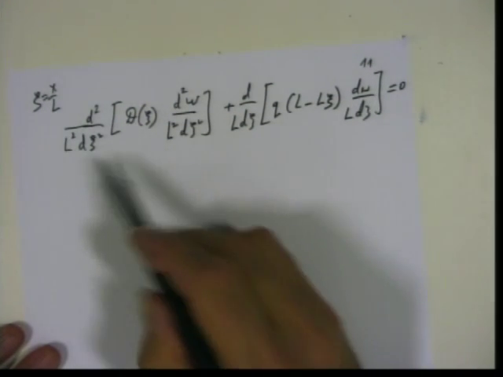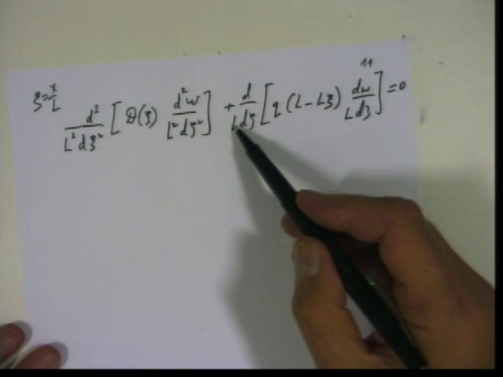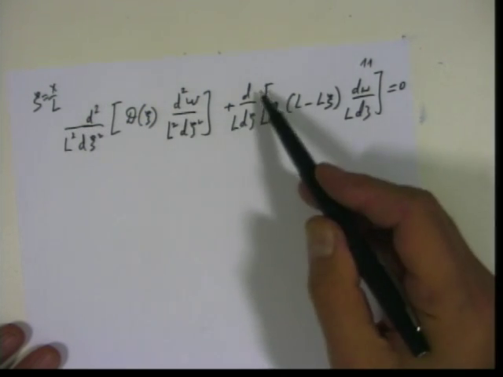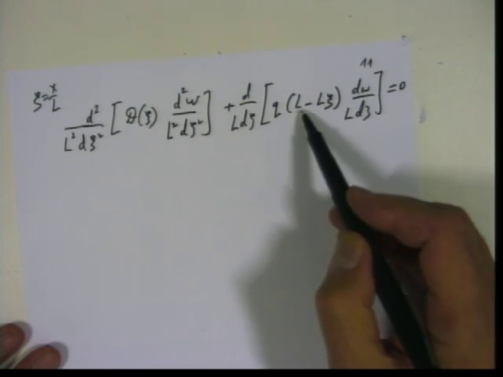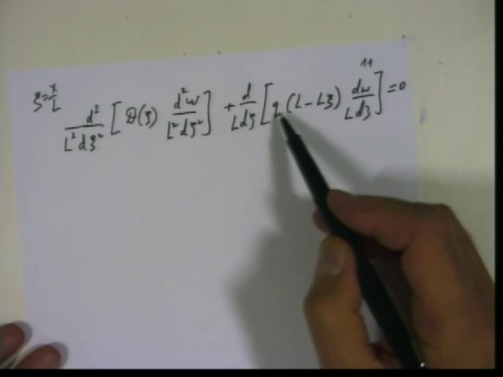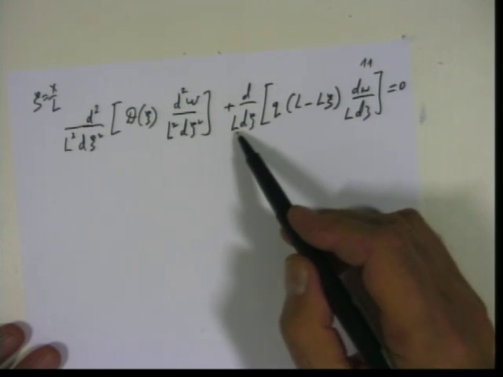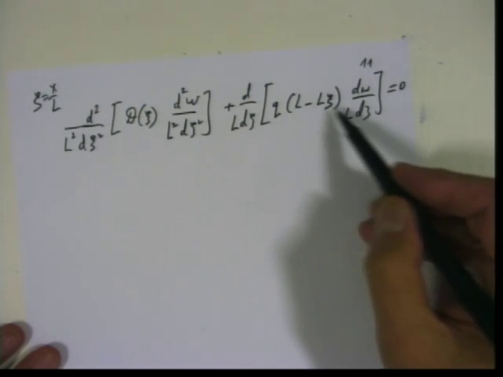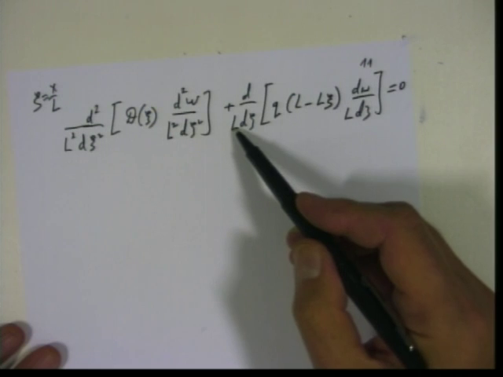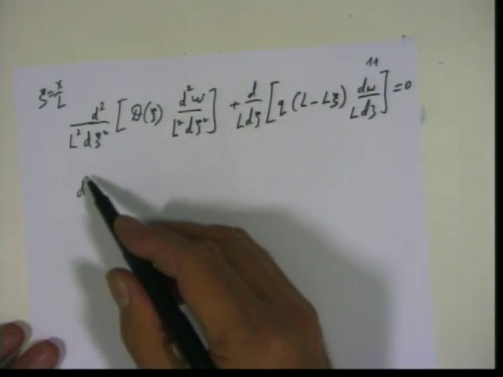So we'll get here L in the fourth power divided by L, will be L cubed. But then there is this L coming out again. This L and this L will be cancelled. And this L in fourth power divided by L will be L cubed.